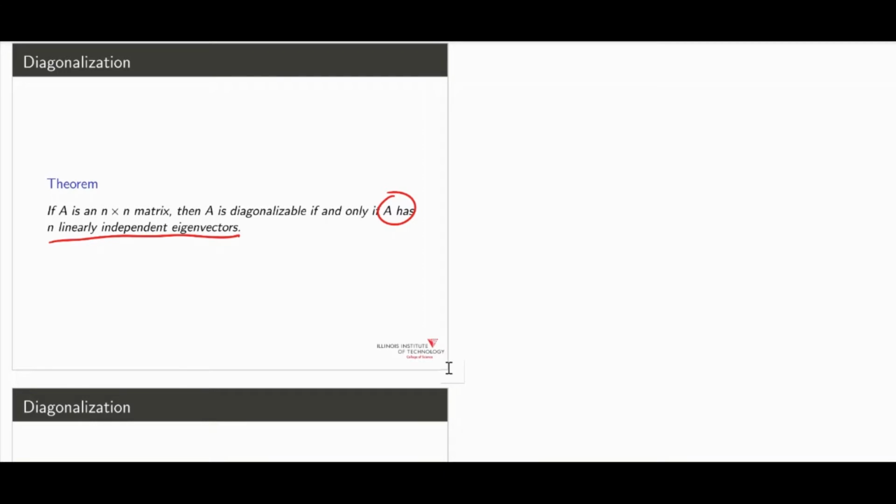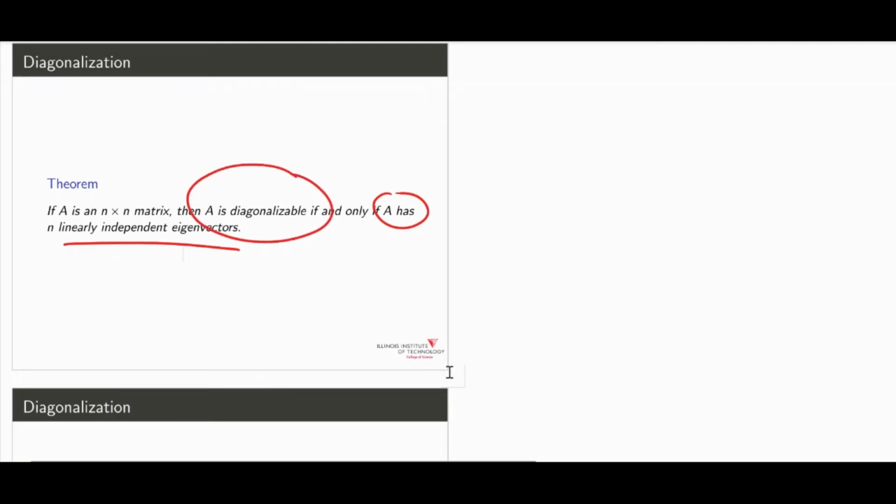In fact, this is a very nice two-way theorem: if A is diagonalizable, then A must have n linearly independent eigenvectors, and if A has n linearly independent eigenvectors, then A is diagonalizable.